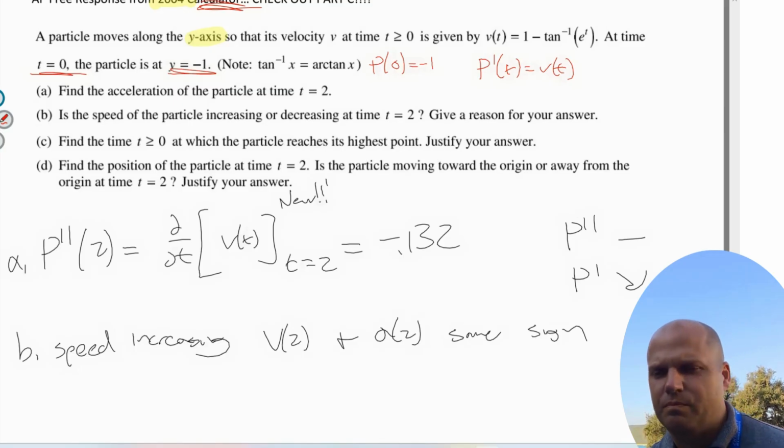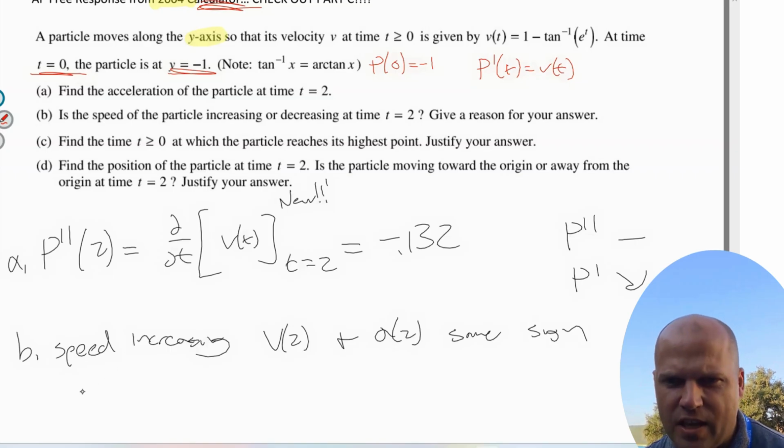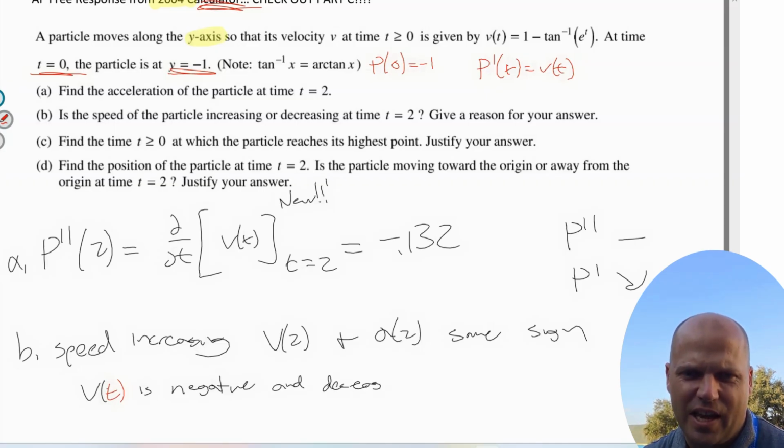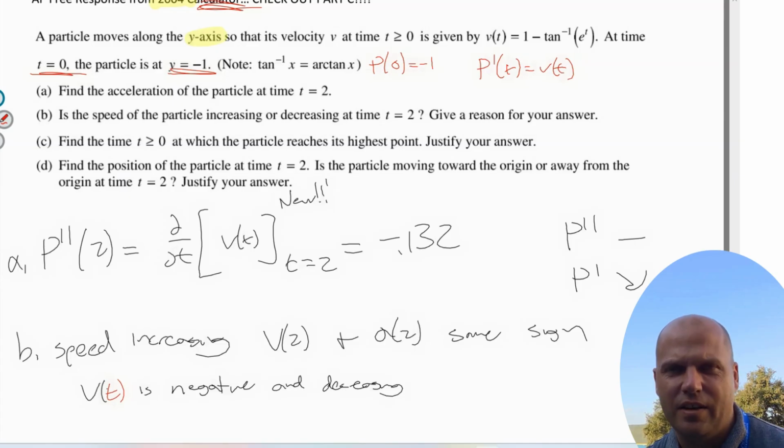If you want to be more specific, you can say velocity is negative and decreasing at t equals 2. Your velocity is negative and getting more negative. But it's honestly easiest to say just like v and a have the same sign, which means your velocity is getting further away from 0.